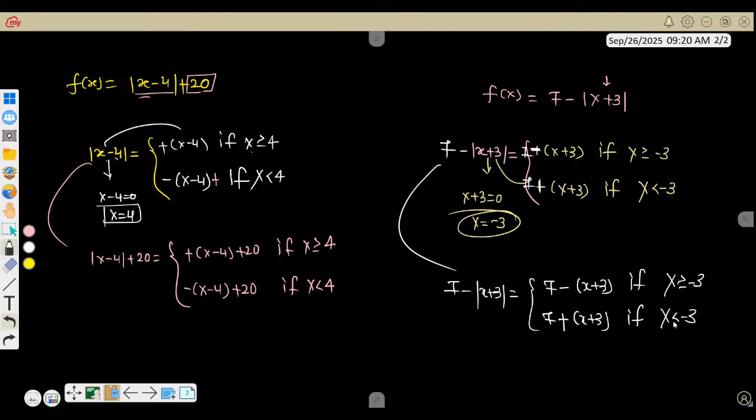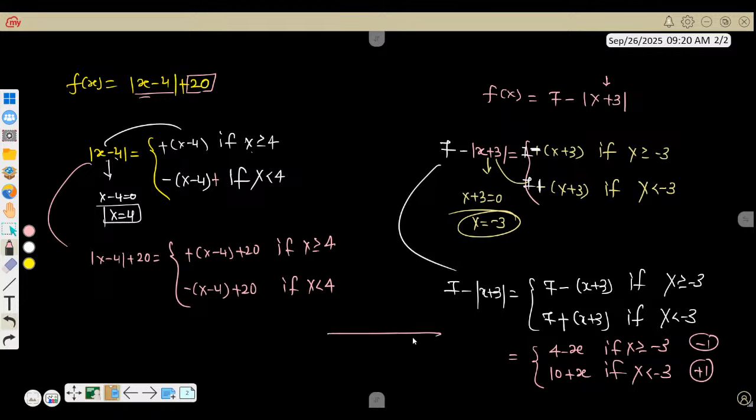Got it? Yeah. And now you can simplify this. So this is 7 minus 3 becomes 4 minus x, and this becomes 10 plus x. When we do the derivative of this, you can see this gives us negative 1 and this gives us positive 1.